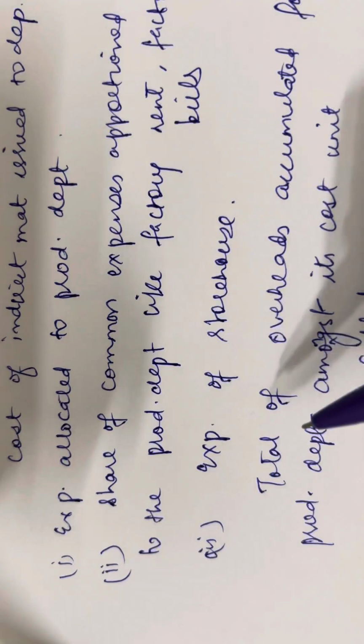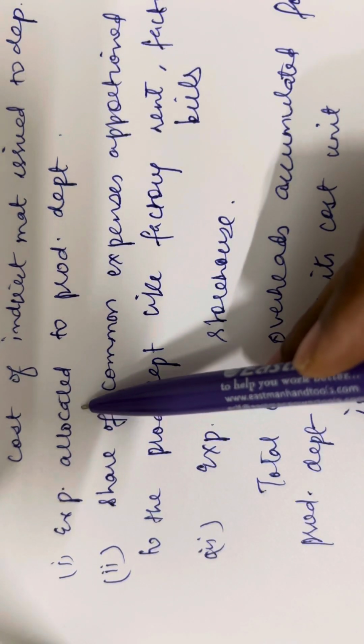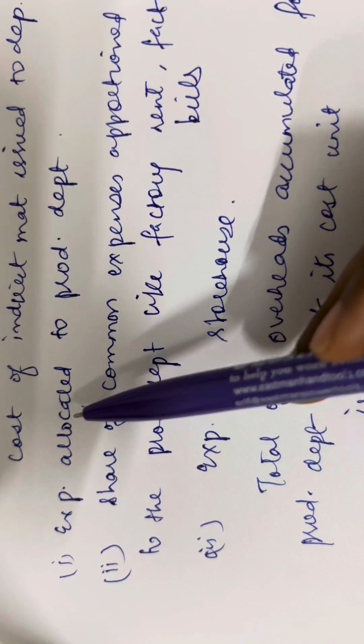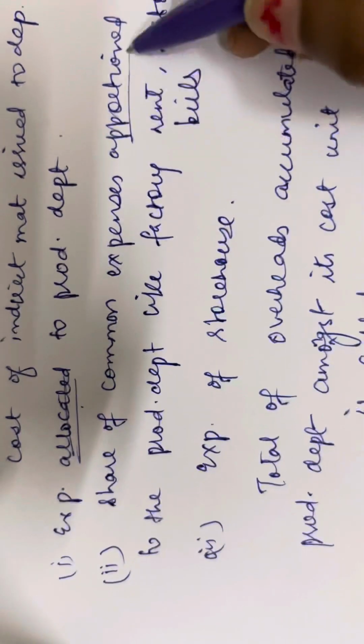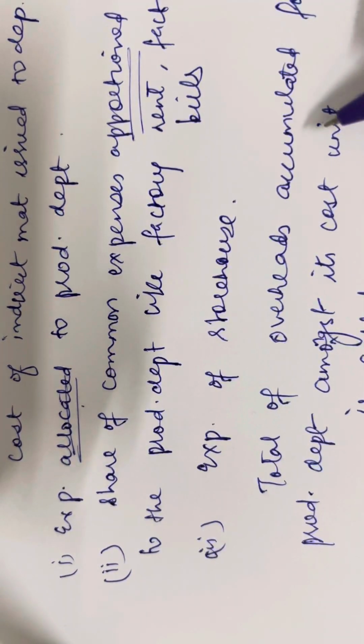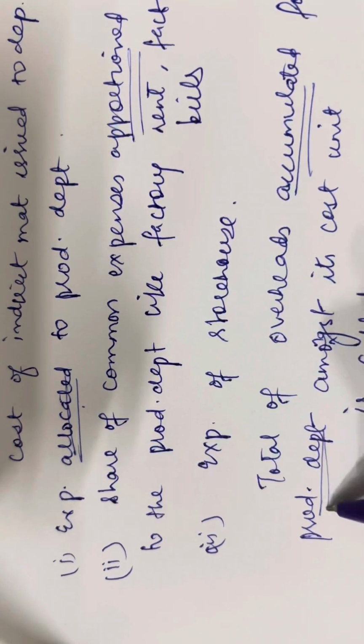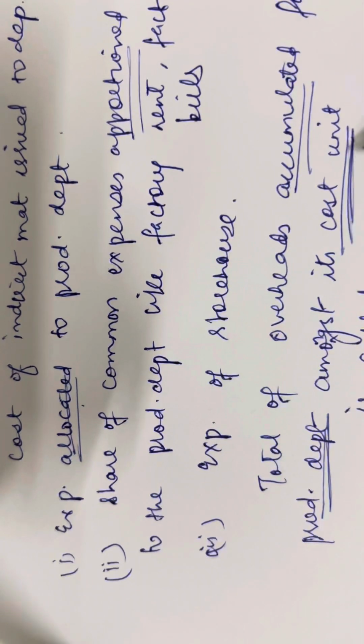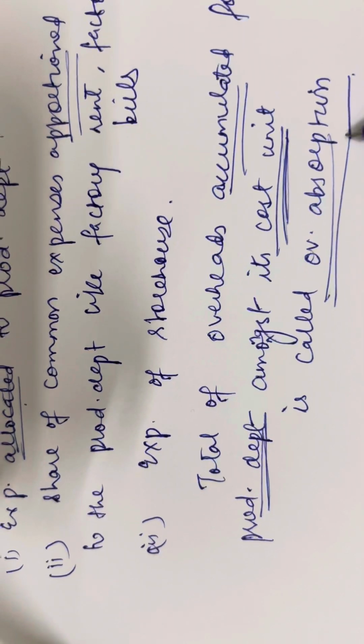Means firstly we see whether we have allocated the expenses to a department, whether we have done the apportionment, and the total of all the overheads which we accumulate for the production department according to its cost unit is called overhead absorption.